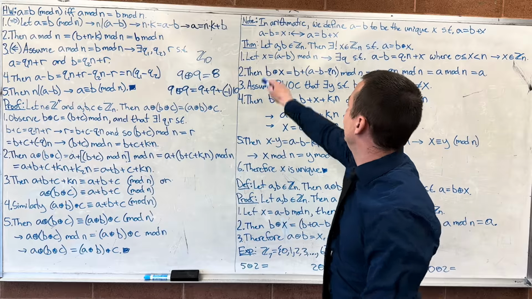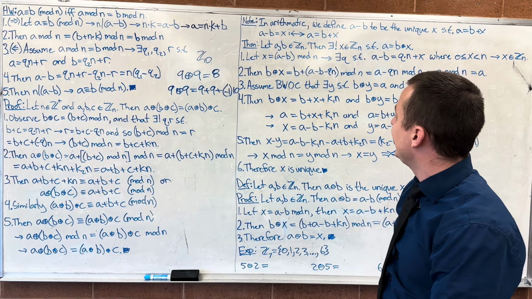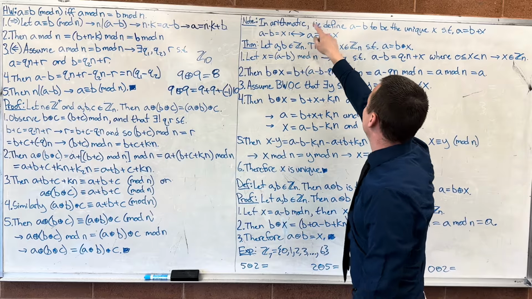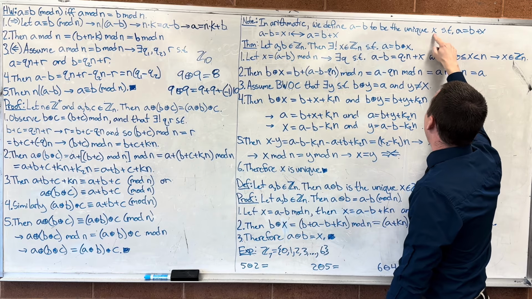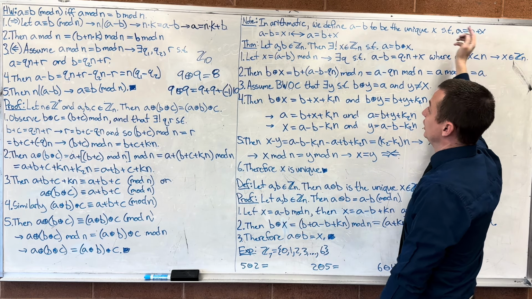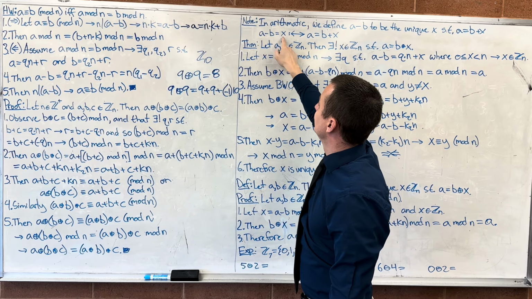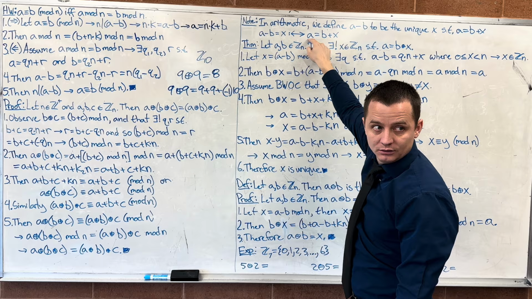So in arithmetic, we define a minus b to be the unique x such that a is equal to b plus x. In other words, a minus b is the thing that I'd have to add to b to get a.